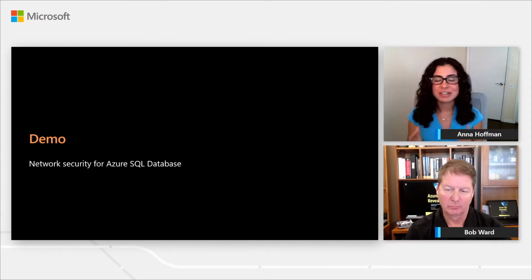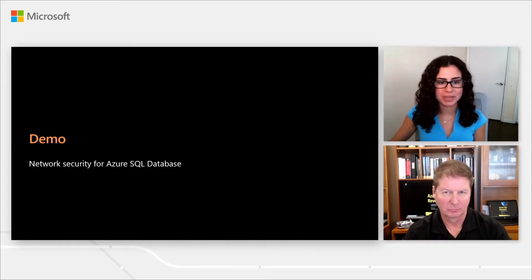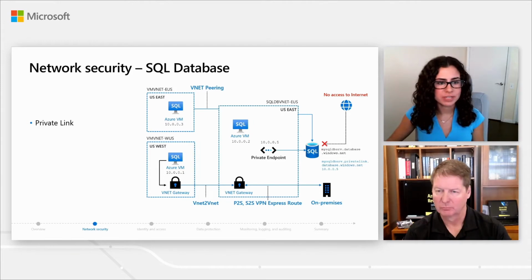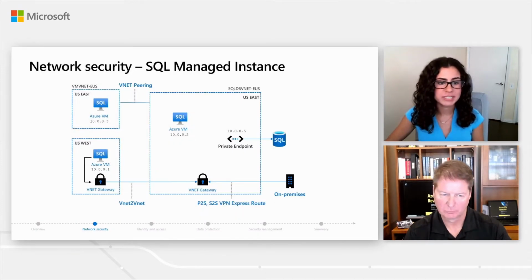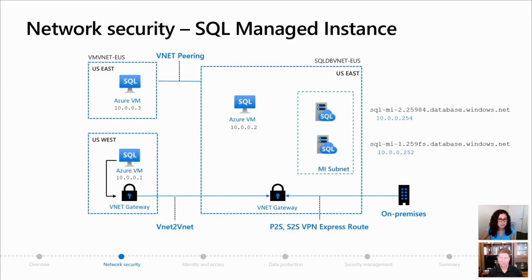Now, we wanted to cover at an even briefer level how that compares to Azure SQL Managed Instance. If we think about Azure SQL Database, which is what you're seeing on the screen now, you're connecting from this private endpoint from within a virtual network. Now with Managed Instance, watch this change. It's very similar, except Managed Instance has to be deployed in a dedicated subnet, which is basically like a grouping within a virtual network.